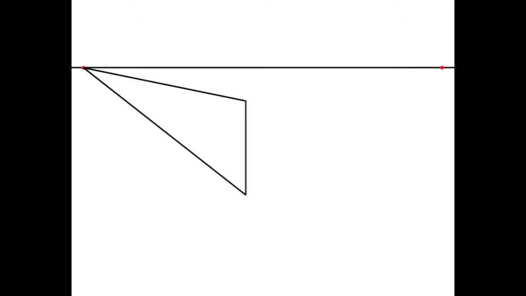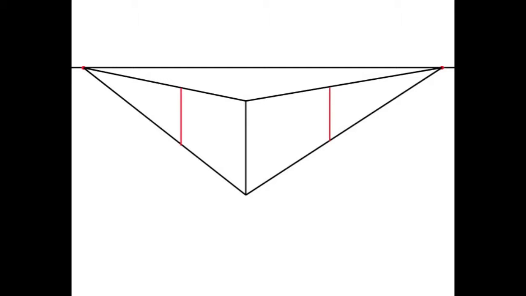In this case, we'll start with the vanishing point on the left side of the horizon line. Now we'll do the same thing, except to the opposite vanishing point on the right side. So we'll draw 2 more lines, each from the ends of the original corner back to the vanishing point on the right side.